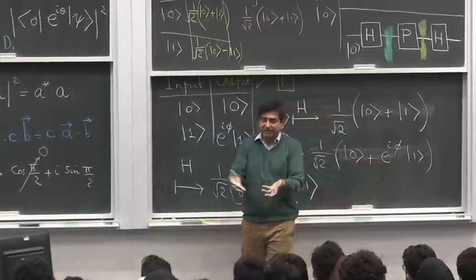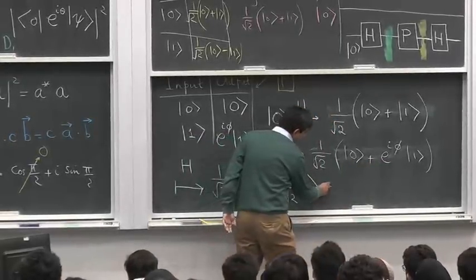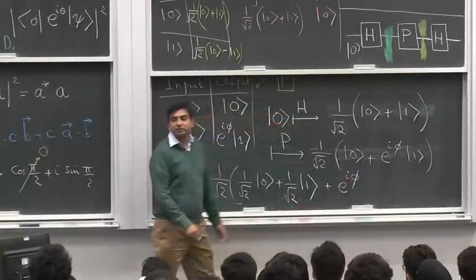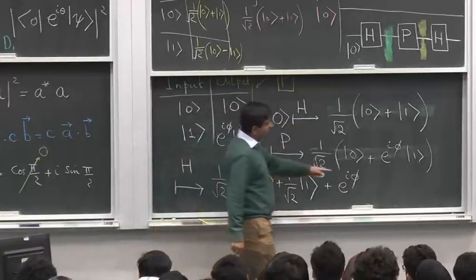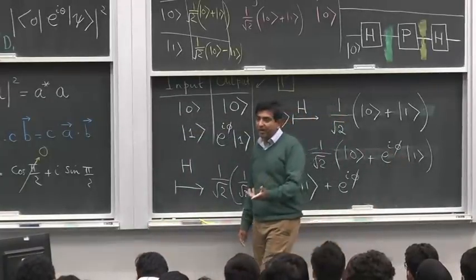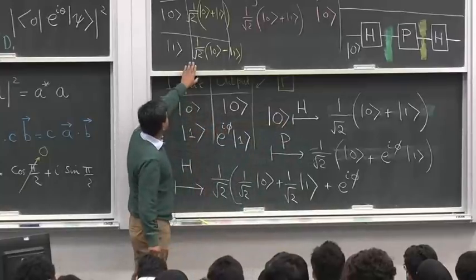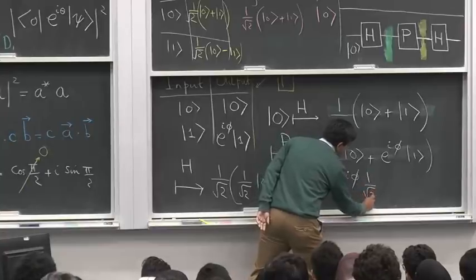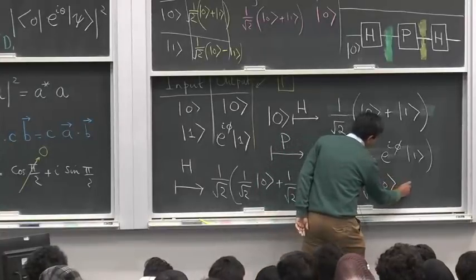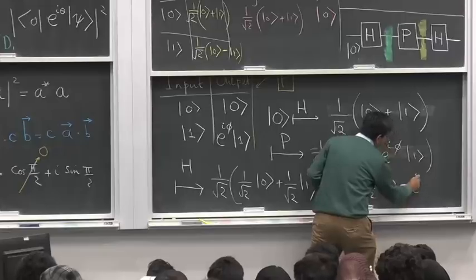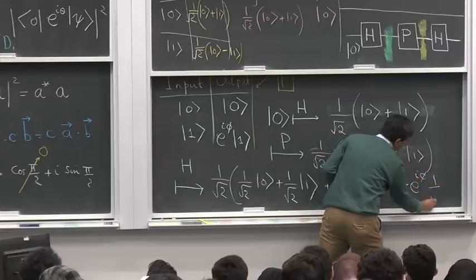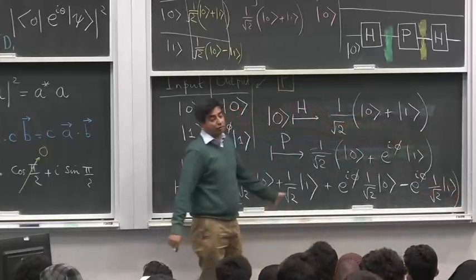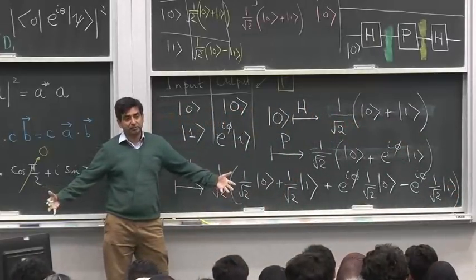This is just a number, it's not a vector. So it just comes along for a ride. Now this quantum state will see the Hadamard gate as well. And the truth table is that it will produce this state. So I will get 1 over root 2 ket 0 minus, I just put this factor in again, e^{iφ} times 1 over root 2, ket 1. So this is my output state from this quantum network.